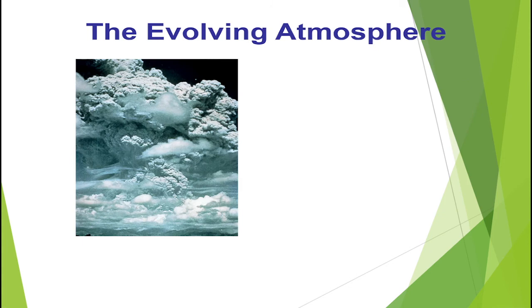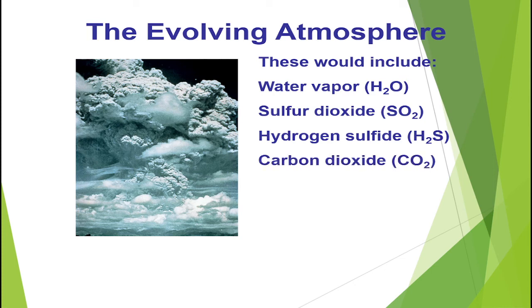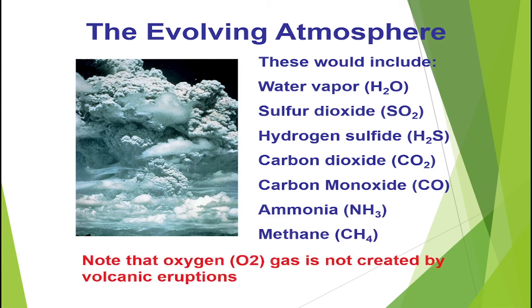The composition of the early atmosphere is said to have included water vapor, H2O, sulfur dioxide, SO2, hydrogen sulfide, H2S, carbon dioxide, CO2, carbon monoxide, CO, ammonia, NH3, and methane, CH4. Take note that oxygen, O2, gas is not created by volcanic eruptions.